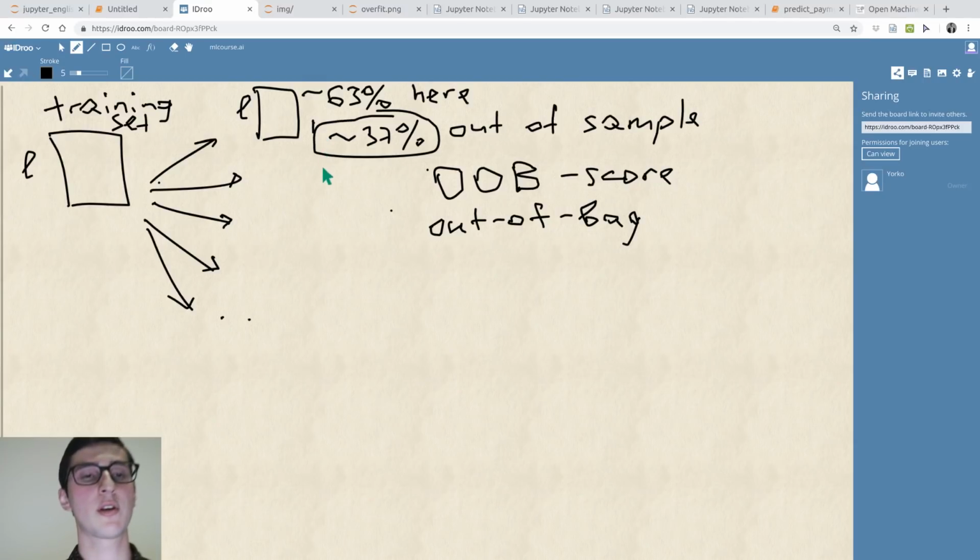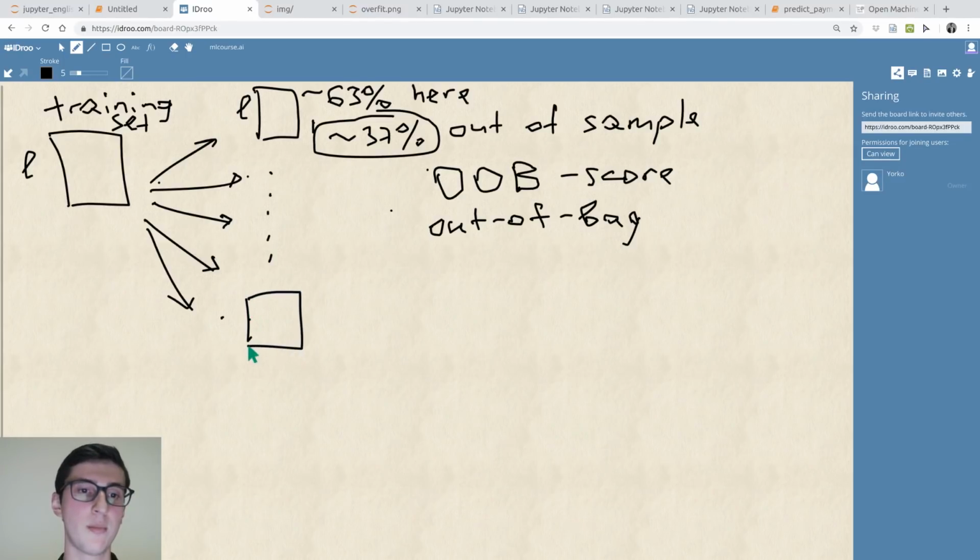This is going to be much quicker than cross-validation. While training a big ensemble, a majority vote or maybe some other combination of all the models trained on these subsamples, at each step I can quickly calculate model quality on this out of sample, or out of bag, data set.